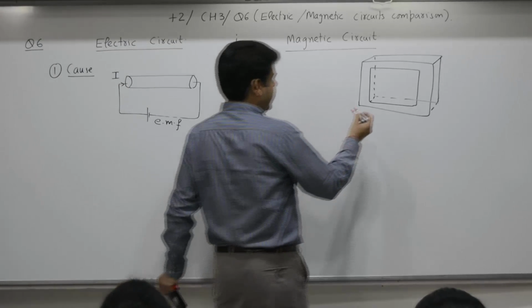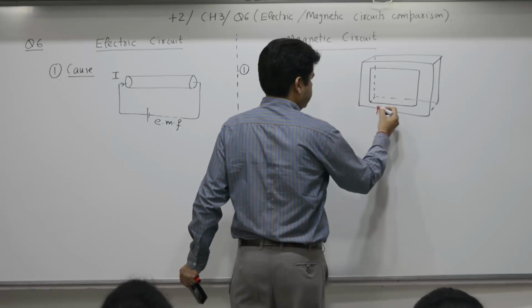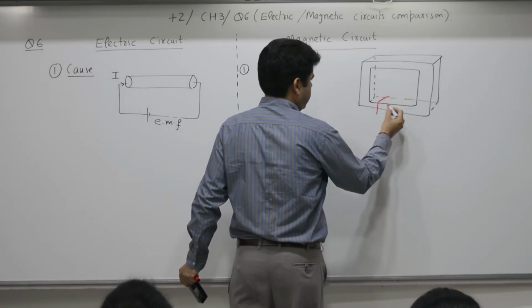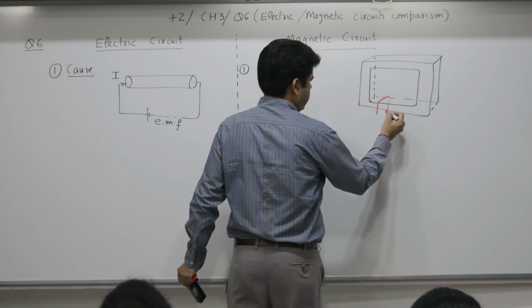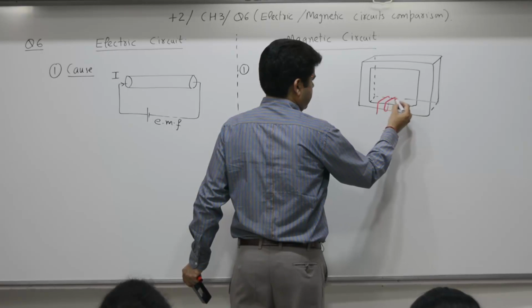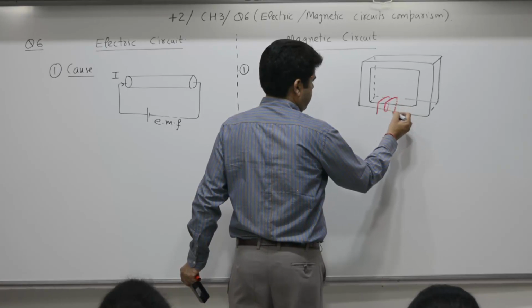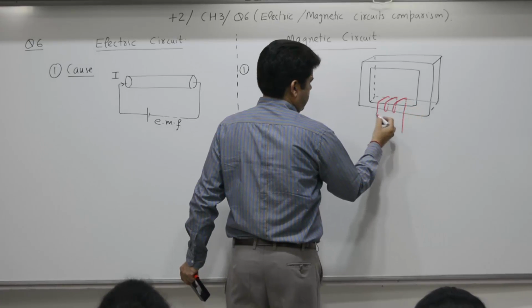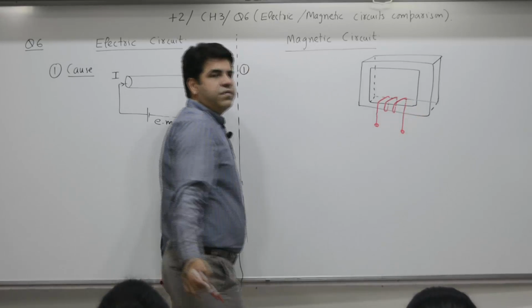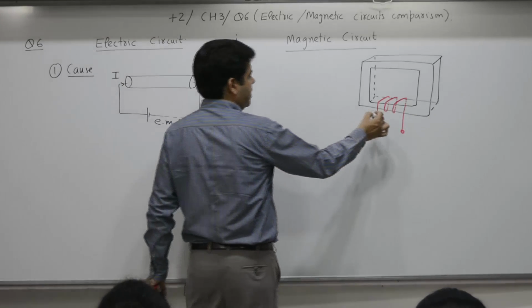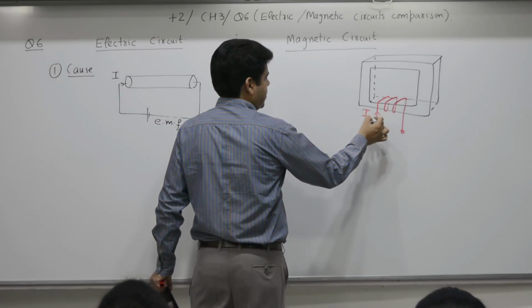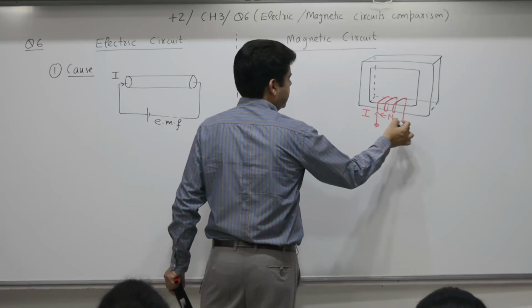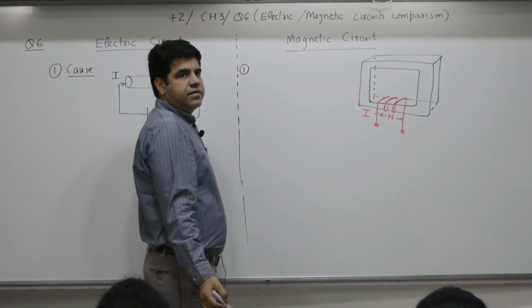On this you have a winding, with a certain number of turns and some current flowing. Number of turns N and current flowing I.